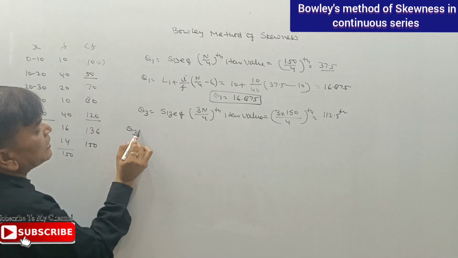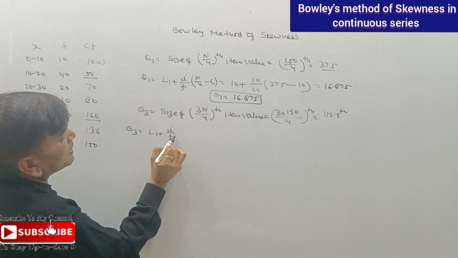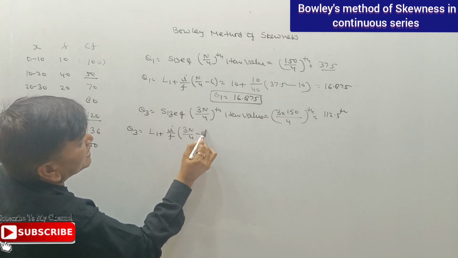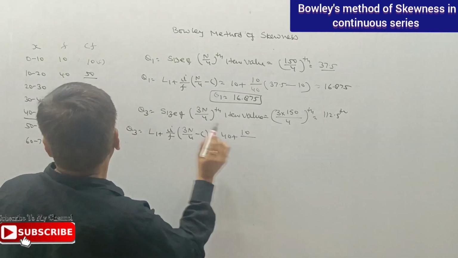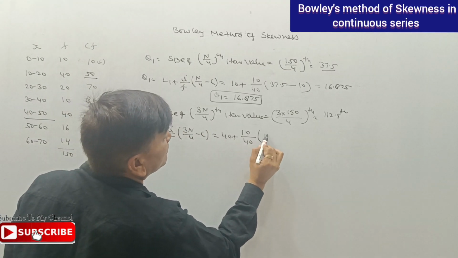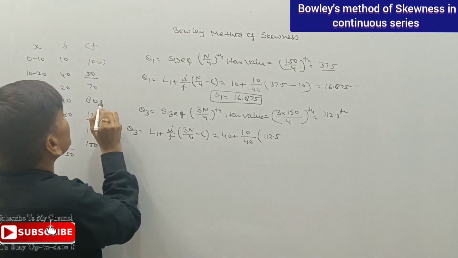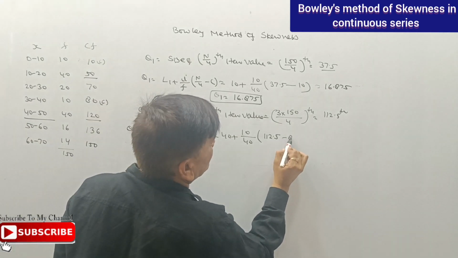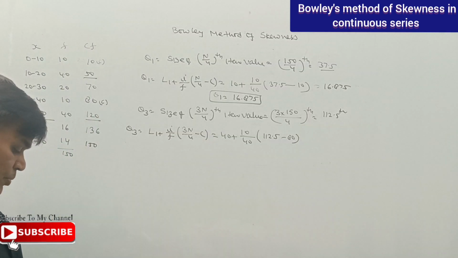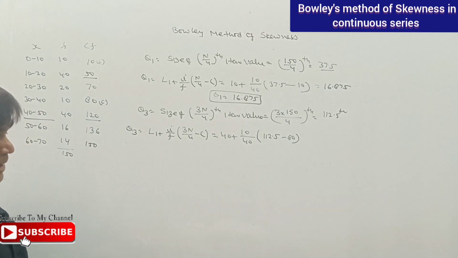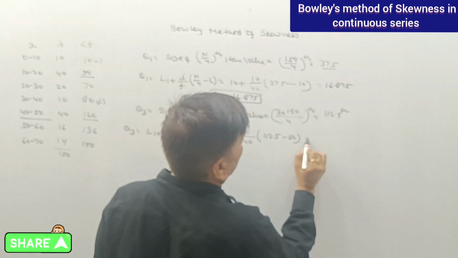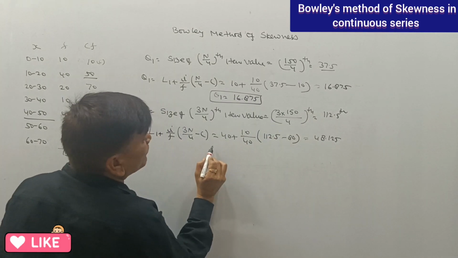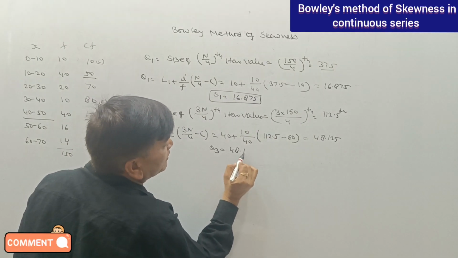So the Q3 value is L1 plus I upon F times 3n upon 4 minus C. So this is 40 plus class interval 10, frequency 40, 112.5 minus the pre-cumulative frequency, that is 80. So 112.5 minus 80, divided by 4, plus 40, that is 48.125. So the value of Q3 is 48.125.